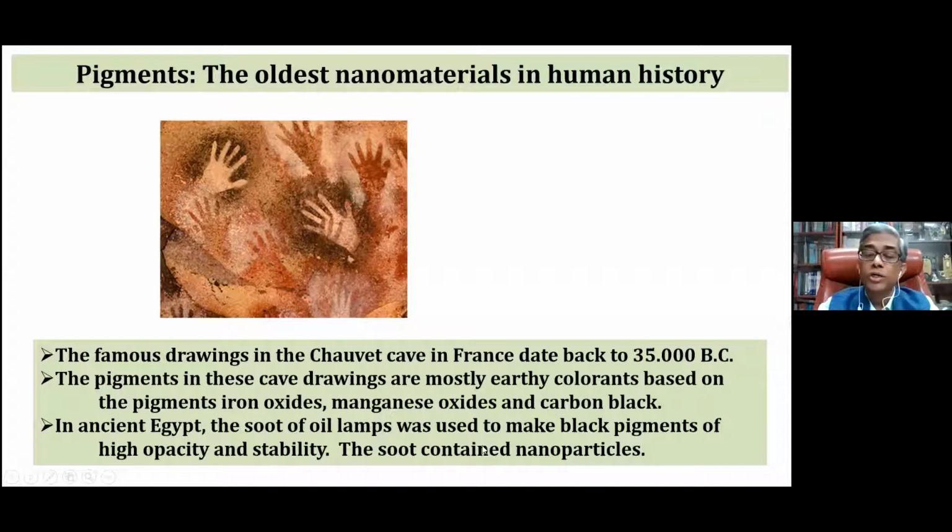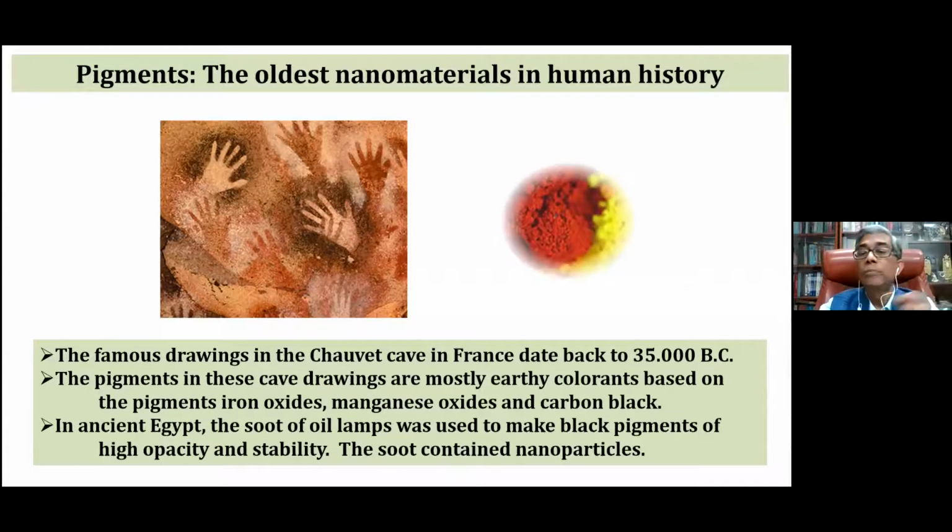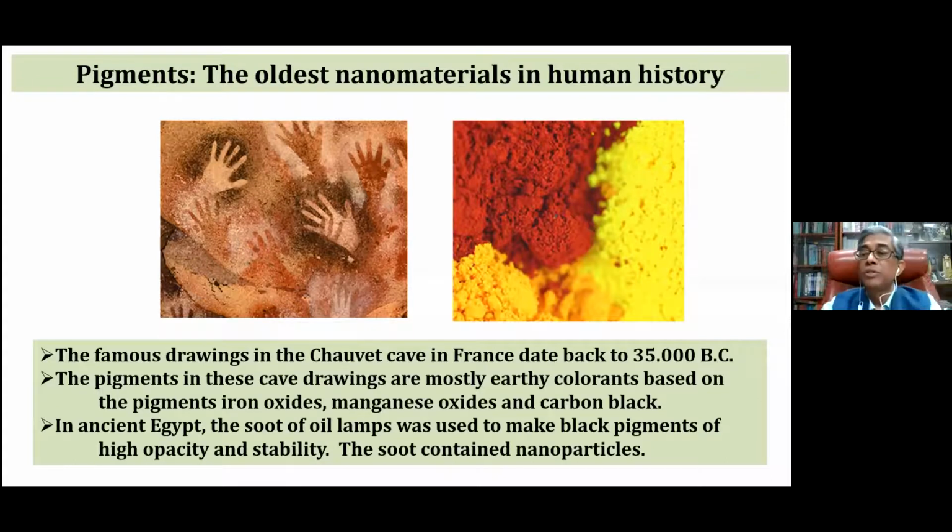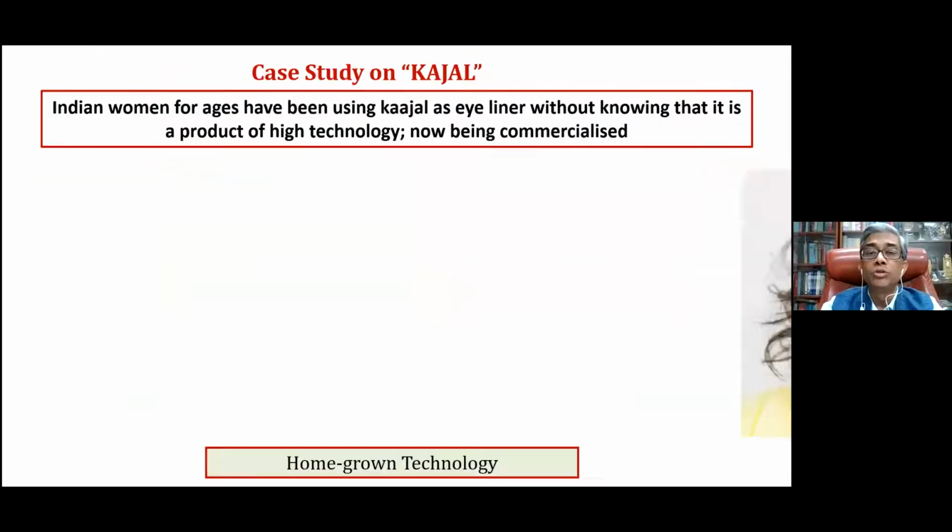I'll show you some videos. So we are all using and manufacturing these nanoparticles. These are all pigments, and they can be of any level, micro to nano. As you go to the nano level, their dispersion, property, stability and durability all increase. So we should know how to use that.